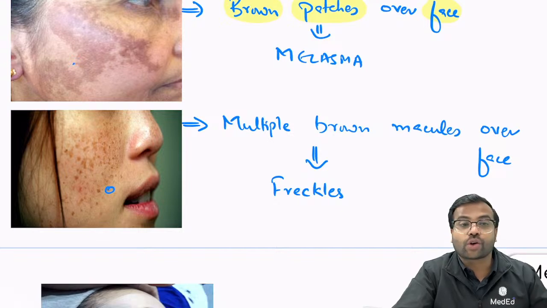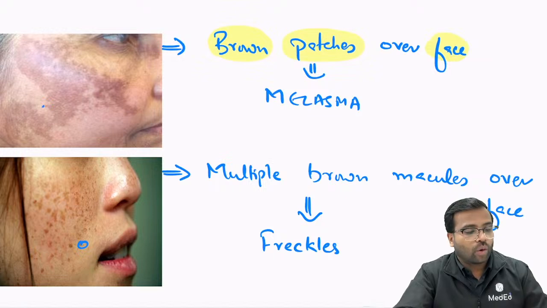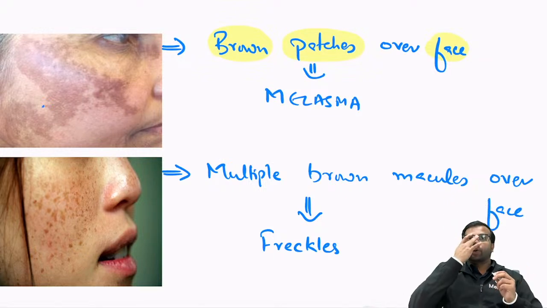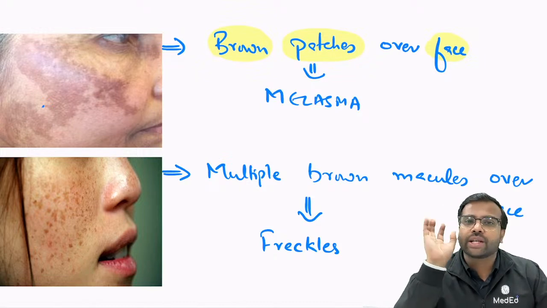Now all of you just concentrate on my screen now. Just concentrate on my screen for a minute. Now what am I trying to convey to you is, whenever you get a patient who is having a complaint कि मेरे face में brown colored कुछ lesions आ रहा है.